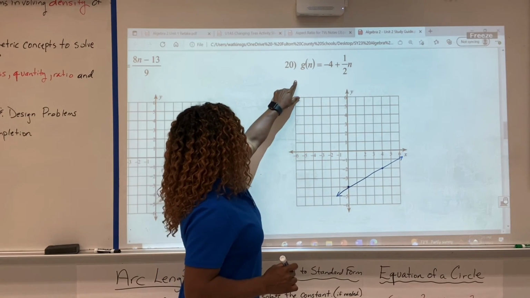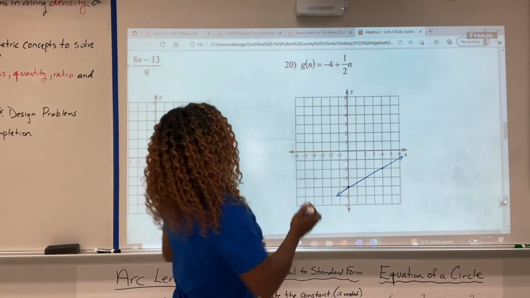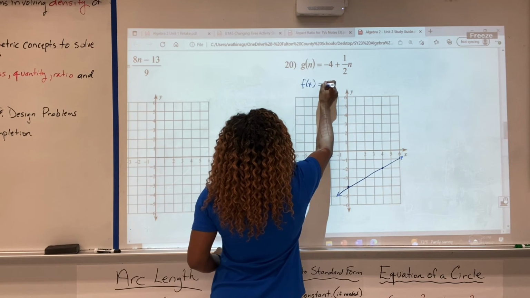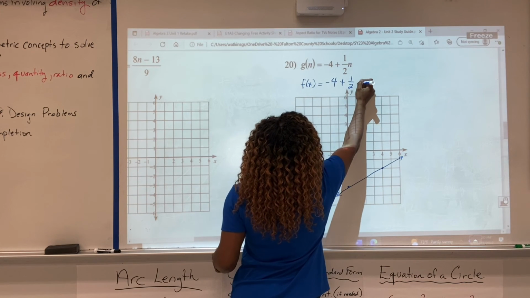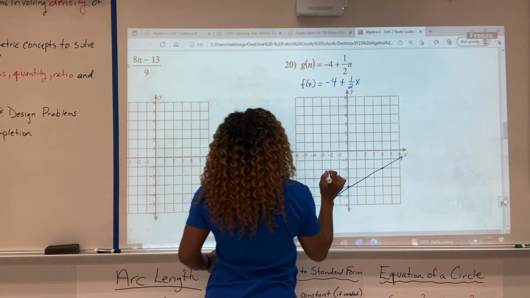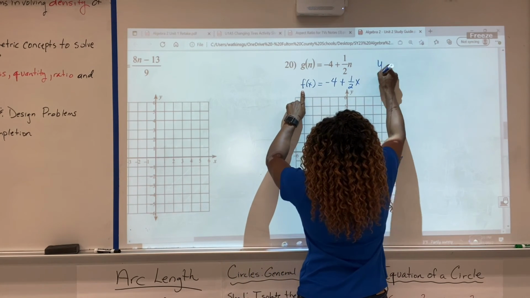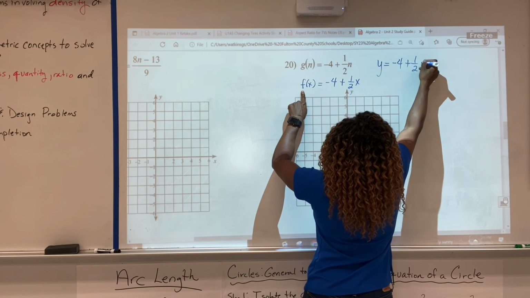And for this one, just for the sake of using Desmos and knowing that we've got x and y coordinates, I'm just gonna rewrite this function notation to f of x is equal to -4 plus 1/2 times x. First step, rewrite this as y. So this will be y is equal to -4 plus 1/2 x.